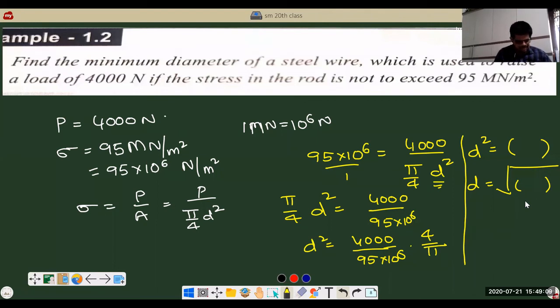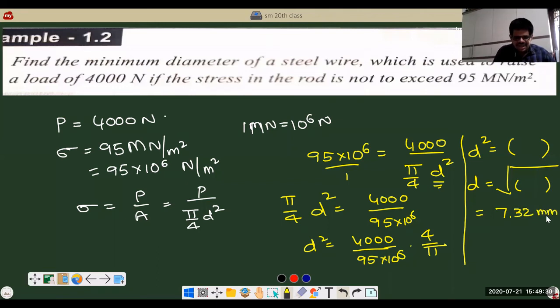5.36 into 10 to the power of -5. What is that? Sir, d equals 7.3. Exactly, tell the unit. So here d is equal to 7.32 mm.